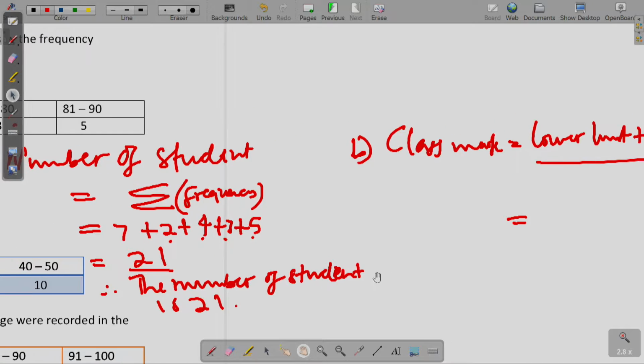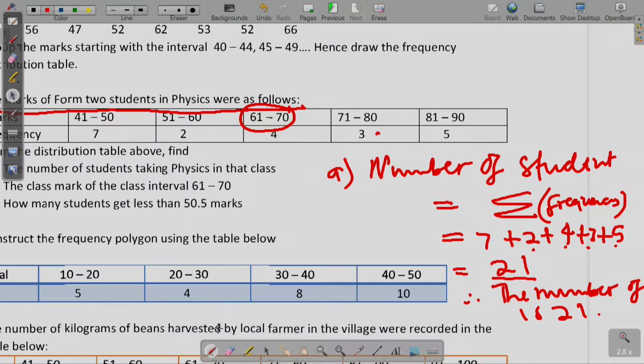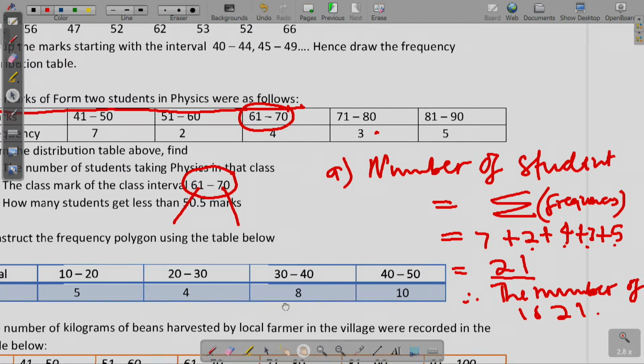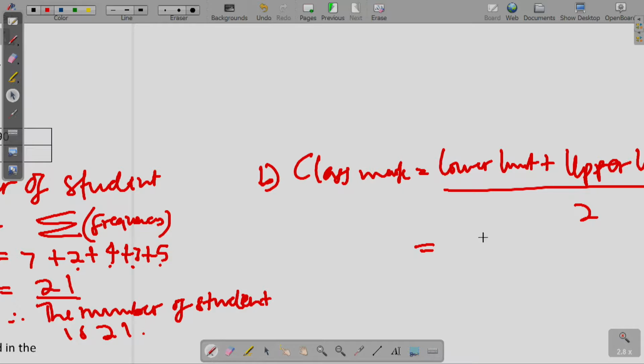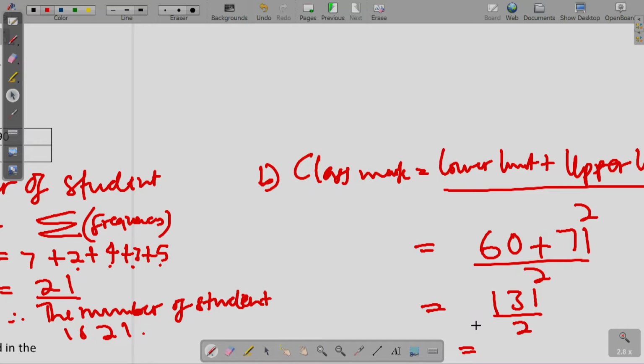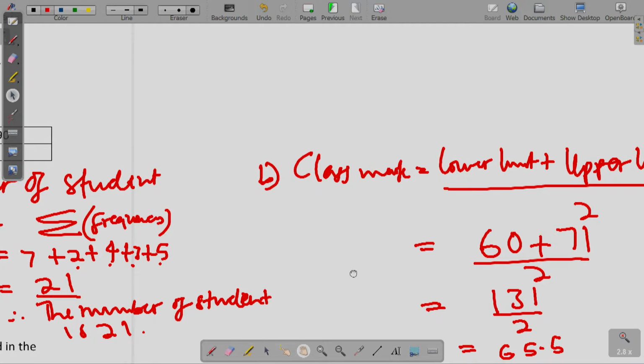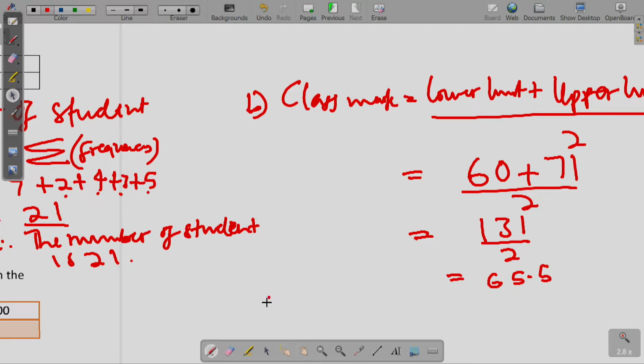Our question wants us to find the class mark of 61 to 70. This is the lower limit and this is the upper limit. Now the lower limit is 60 and the upper limit is 71, so this is equal to 131 over 2, and the final answer is 65.5. And so the class mark of the class interval is 65.5.